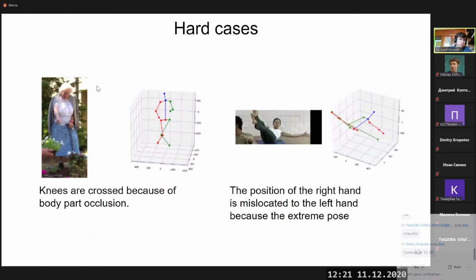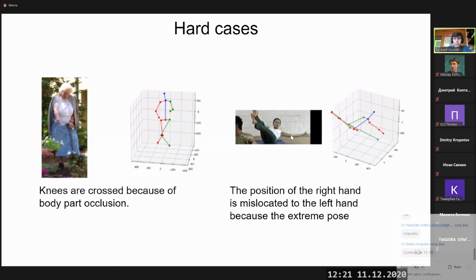Here are the hardest cases for this model. The first case is crossed knees, because of a woman with a skirt. And the second error is because of a specific pose position.